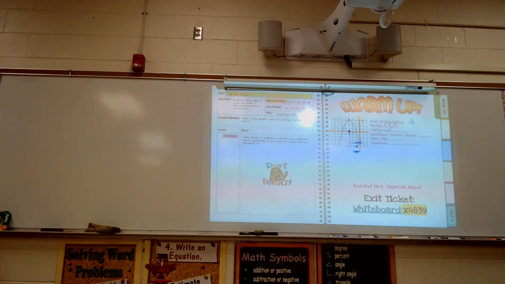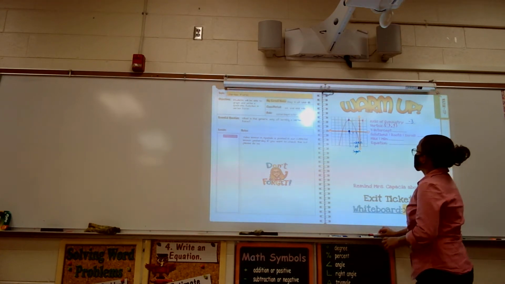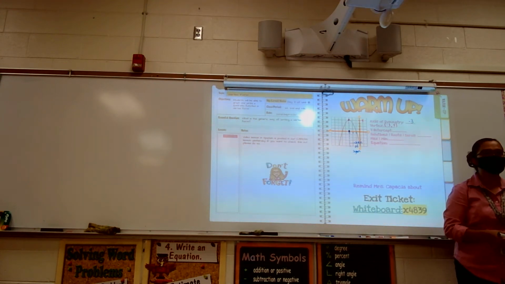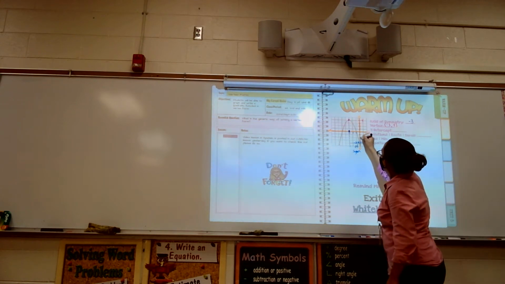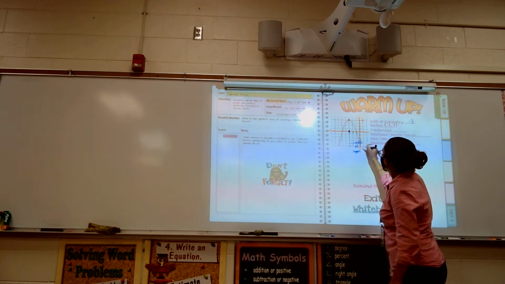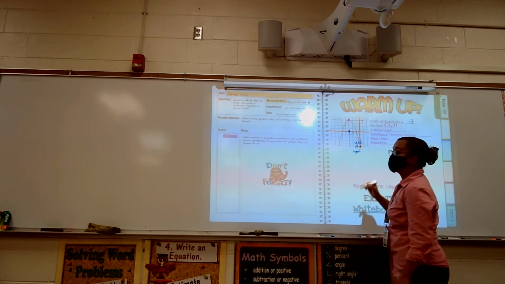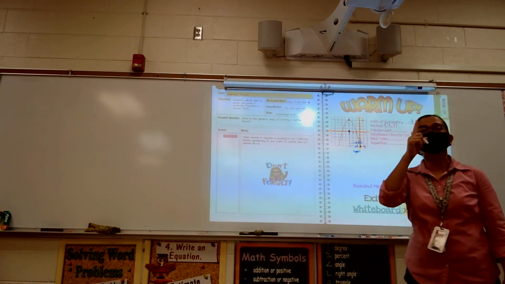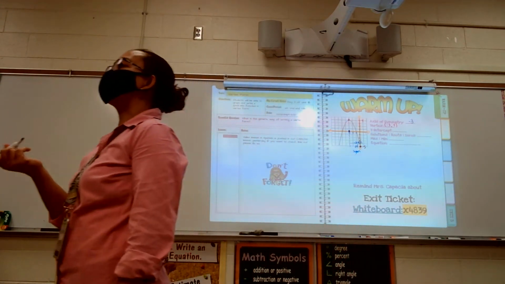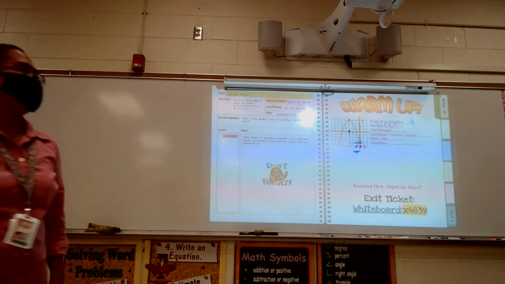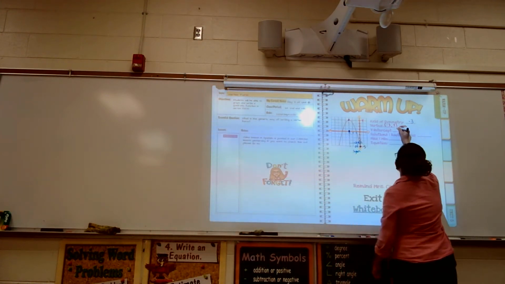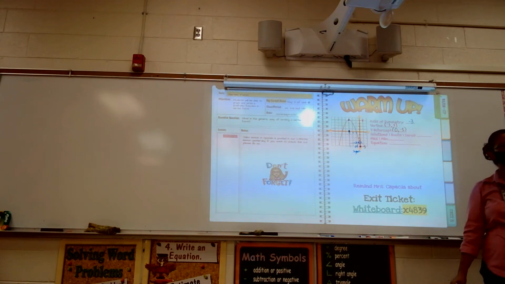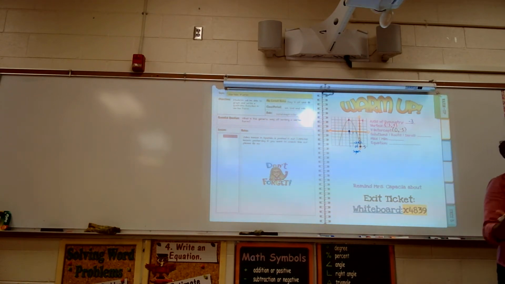So in this case, at what point does the graph touch the y-axis? 2, 3, 4, 5. What is this? Negative 5. So how will I write that as a coordinate point? Okay, very good. That is 0, negative 5.